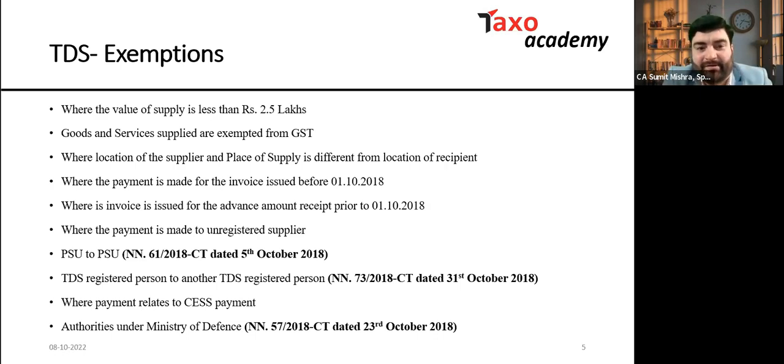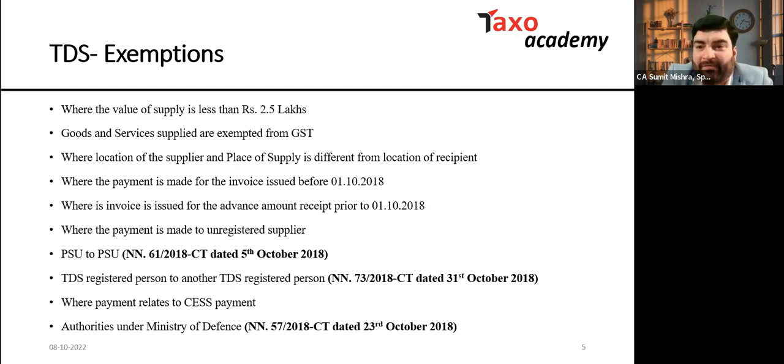slide with some examples. Coming to the next, where the payment is made for an invoice issued before 1st of October 2018. This is basically a transitional provision, where the transaction is taking place before the effective date of the TDS provisions. In that scenario, what will happen?